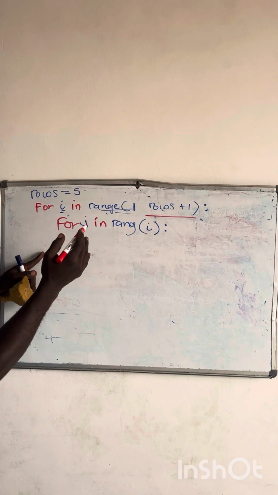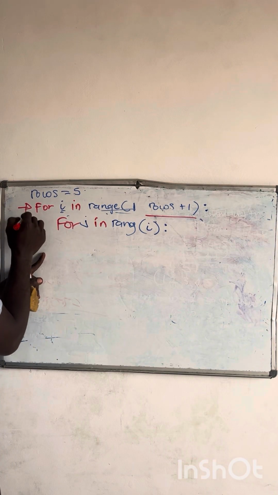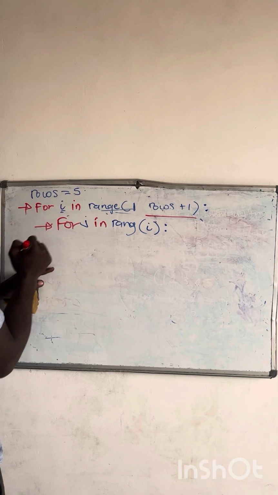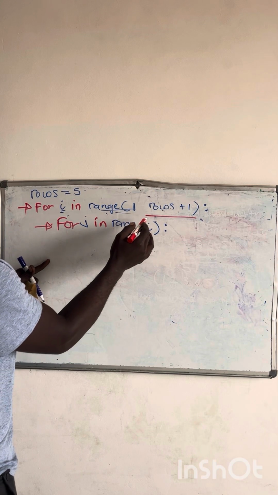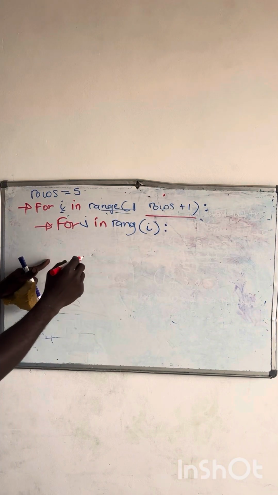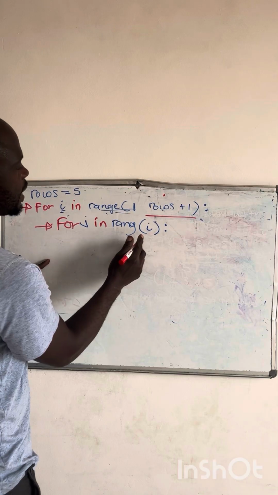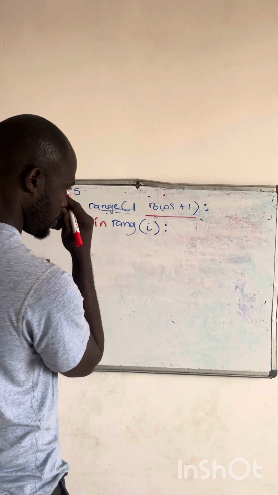For a nested loop, this is the outer loop and this is the inner loop, okay? It means that all the elements in the first loop will operate against each of the elements in the second loop, okay?